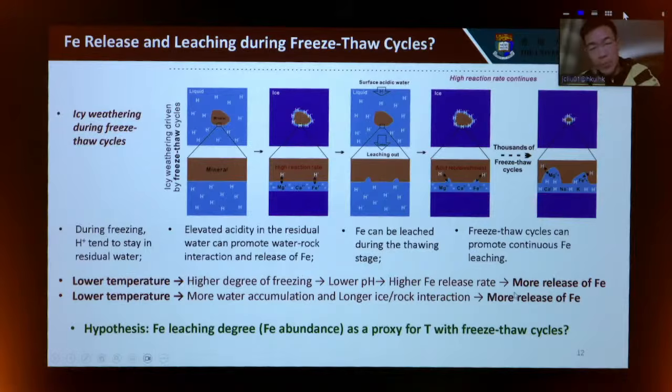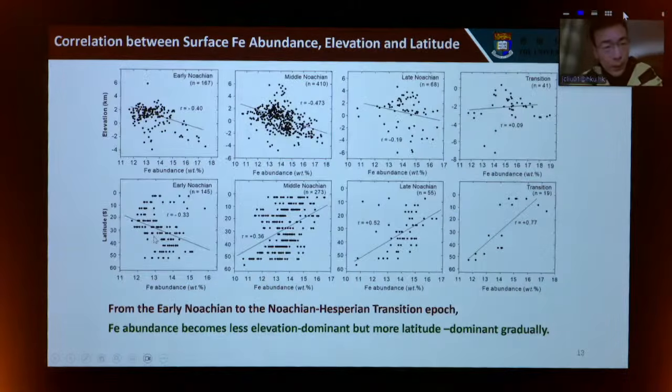And then let's see the correlation between iron abundance and elevation and latitude, and see how they change with time from early Noachian to NHT.